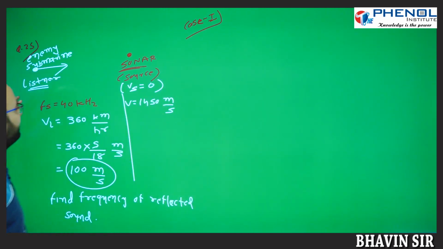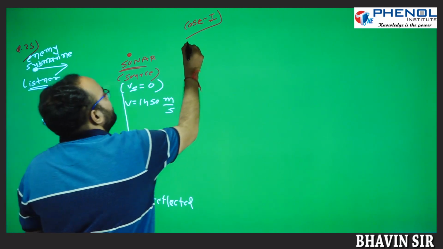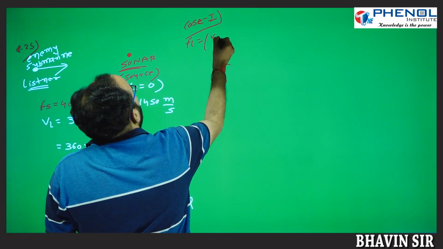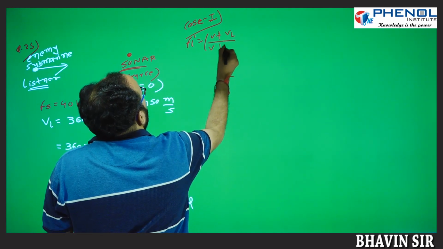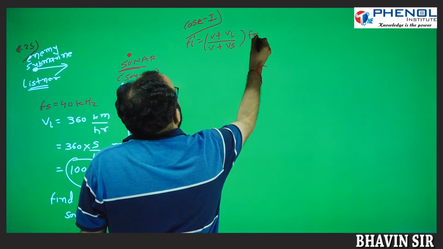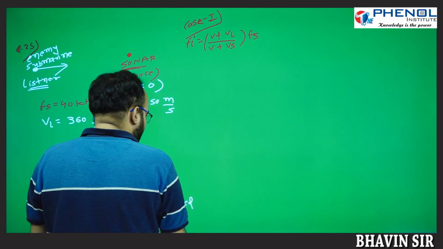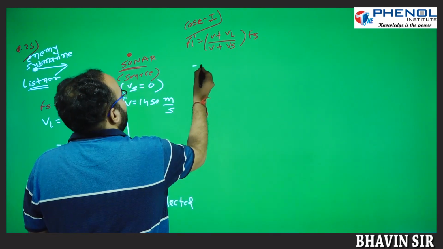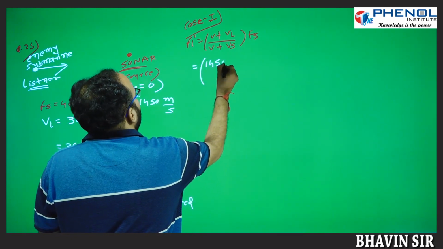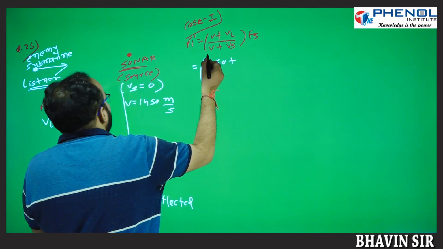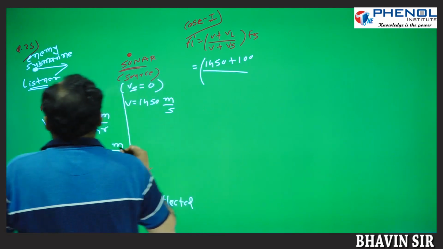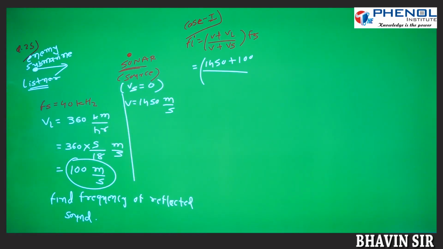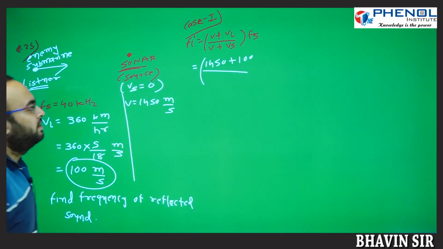So in case 1, sonar is a source, enemy submarine is a listener. So FL dash equals (V plus VL) upon V, times F. What is the speed of sound? 1450. What is the speed of listener? Enemy submarine is listener. And why do we take positive? Because it is moving from L to S, so that's why we take positive.